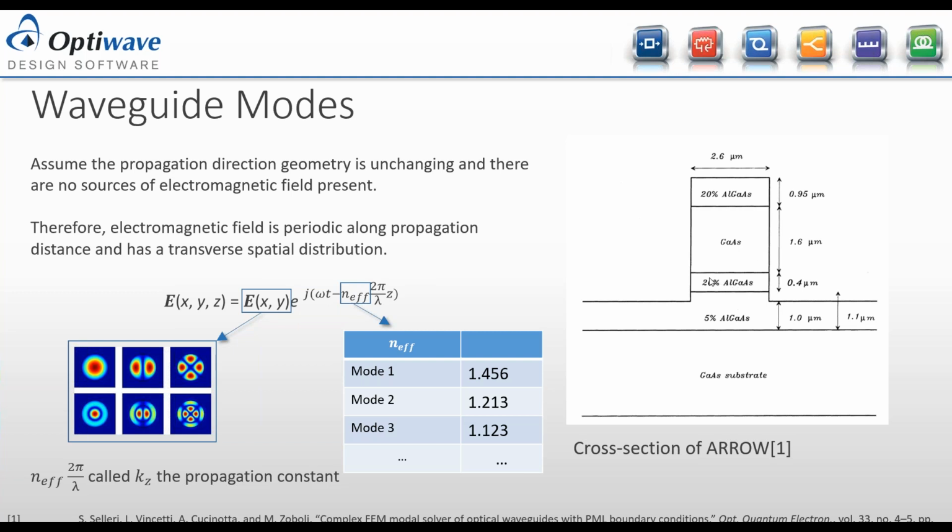Although there's this lower index boundary here in the middle, since the surrounding substrate down here is the same index, you're going to have a leaky wave that'll be leaking out of the core here. And I have the reference down here at the bottom where we got this paper from.